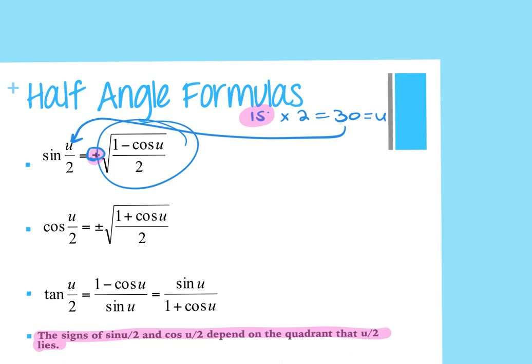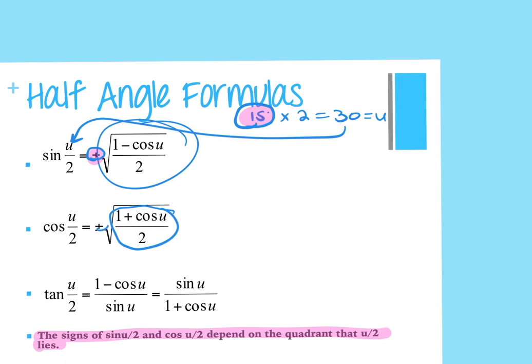So if I go to cosine, I would plug in all this information using 30 degrees as my u, and I'll get a value. And then at the end, to figure out if it's positive or negative, I go back to the original angle. So 15 degrees would again be in the first quadrant. And in the first quadrant, the sign of cosine is what? Positive. So I pick the positive.